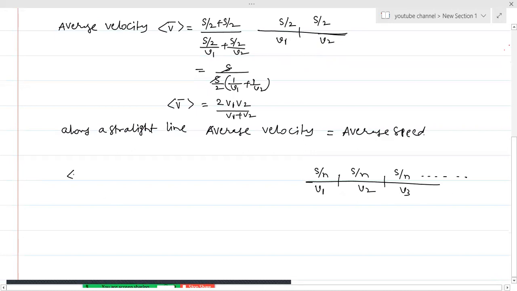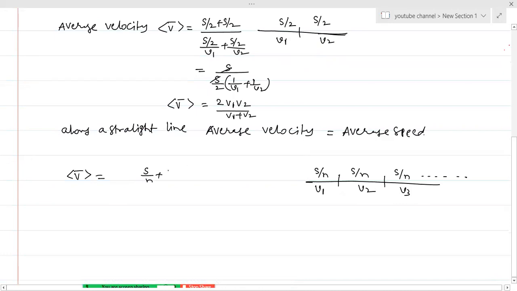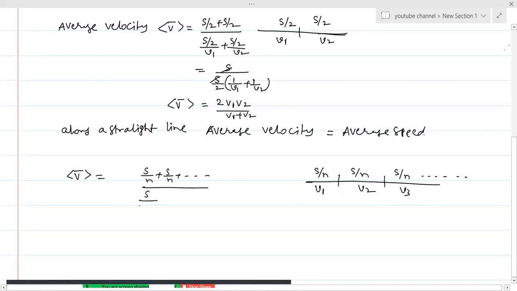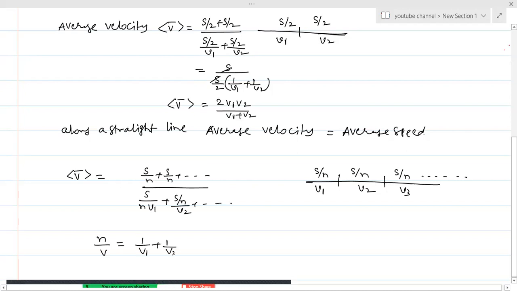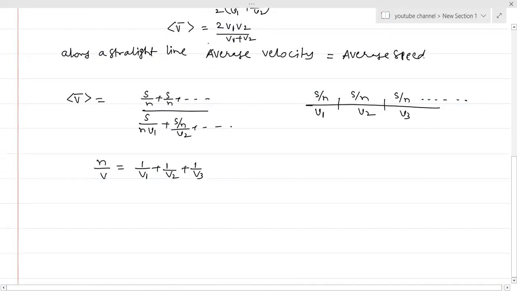In that case, the average velocity is equivalent to s by n plus s by n plus so on, divided by s by n by v1 plus s by n by v2 plus so on. So finally we get a logic like this: n by v equals 1 by v1 plus 1 by v2 plus so on.